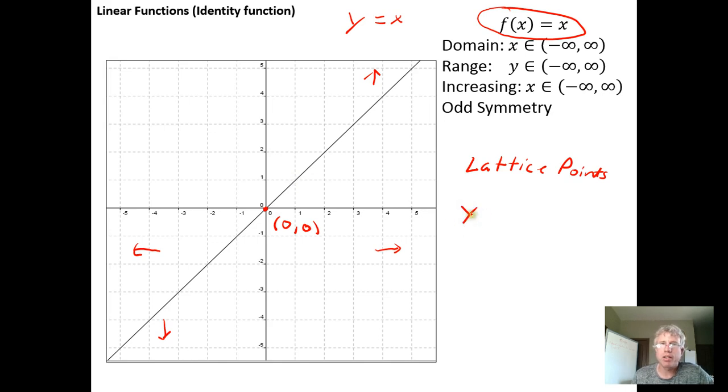For f of x equals x, it's pretty straightforward to generate lattice points. You input a 1, well, what do you output? You output a 1. So the ordered pair 1, 1 is on the graph, and this is a lattice point because both numbers are integers. So we can plot that lattice point.